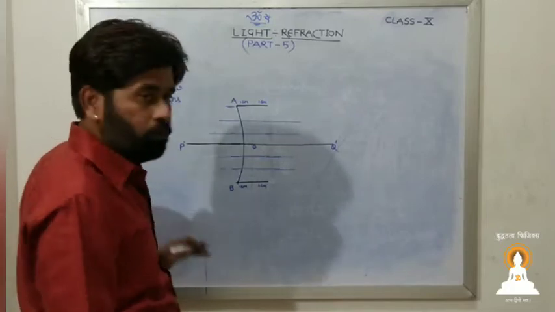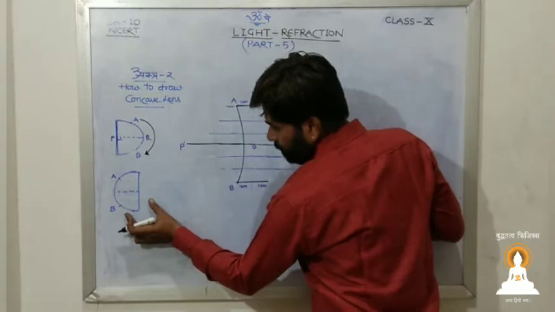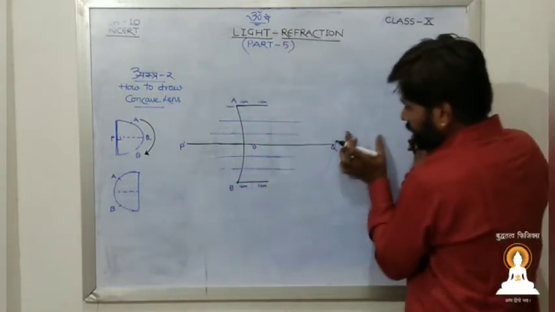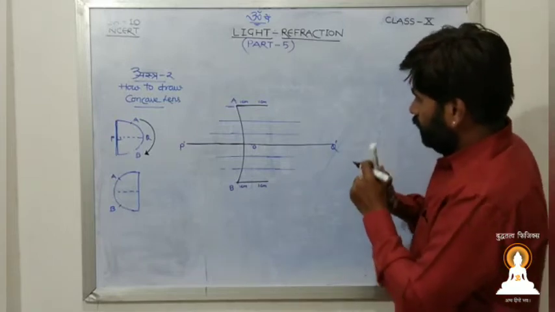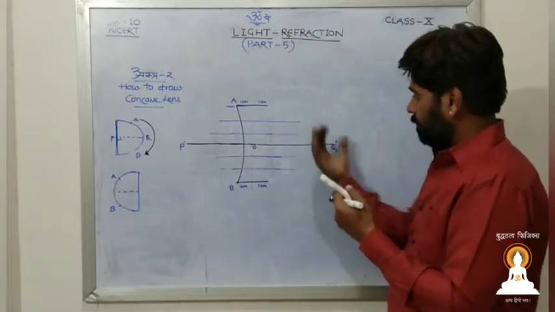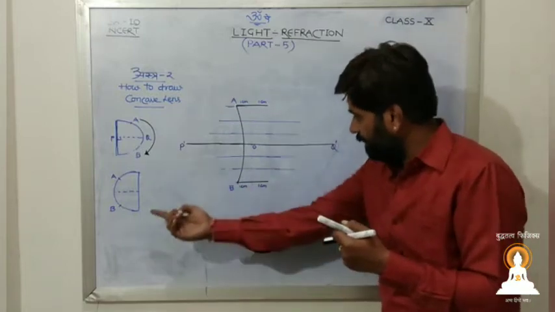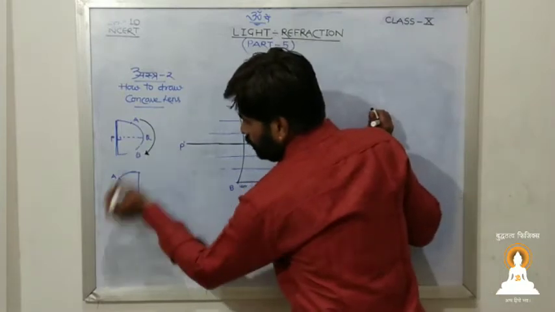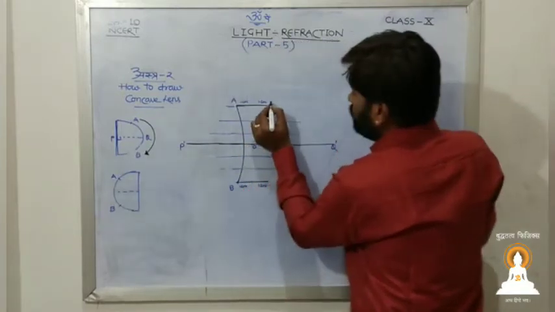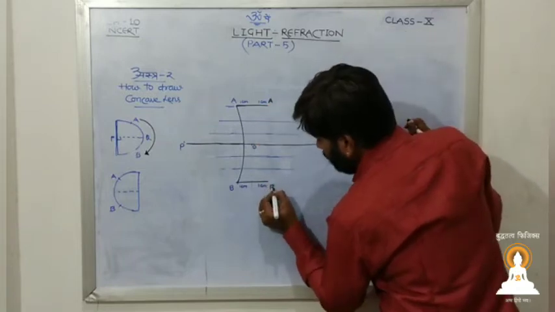Now take the D in this particular pattern and move it in such a way that A and B coincide with this A and B.